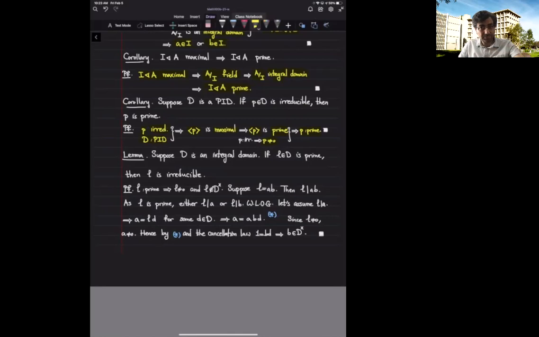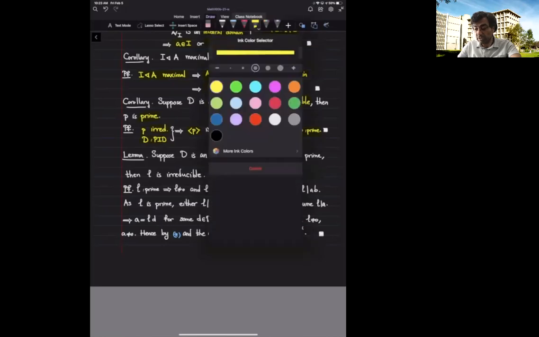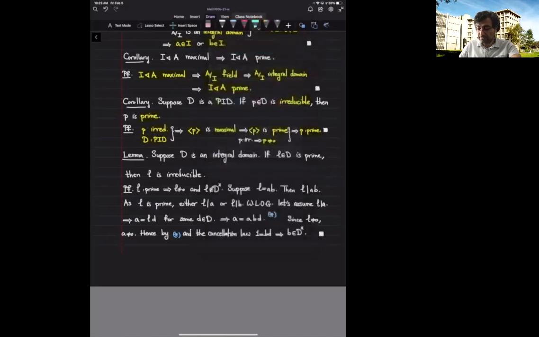And then by a proposition that we proved earlier, we know that such a ring is a UFD precisely when every irreducible element is prime, which is the case for a PID, as we just proved. So that means that every PID is a unique factorization domain.